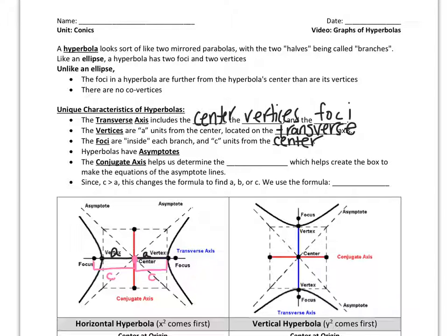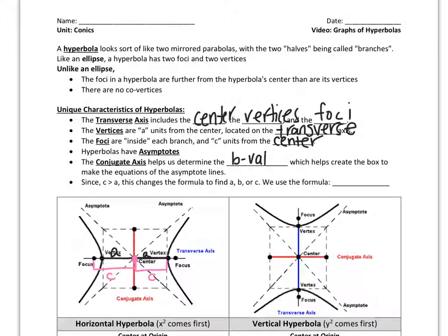Now something else that's unique is that hyperbolas have asymptotes. So these dotted lines going across here and here are our asymptotes of these two branches. They're approaching a line, and that's the asymptote. Now the conjugate axis, which is this part here and here, helps us determine the B values.